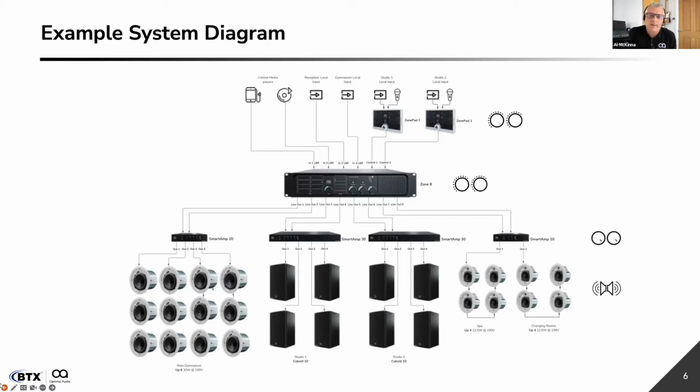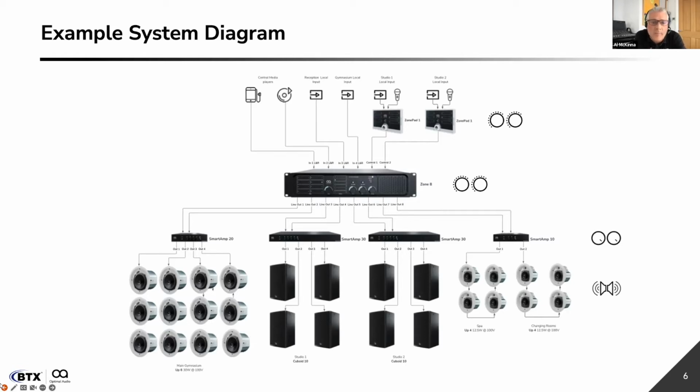The system diagram here just shows you how controllers, amplifiers, and loudspeakers all couple together to make the Optimal Audio solution. You can see at the top we have our zone pad wall controllers connecting into our zone processor, which is really the heart of the system, the DSP, the signal routing, the audio processing, which is powered or non-powered.